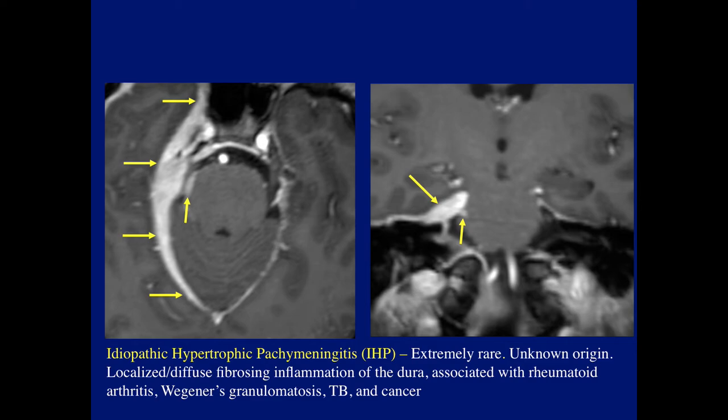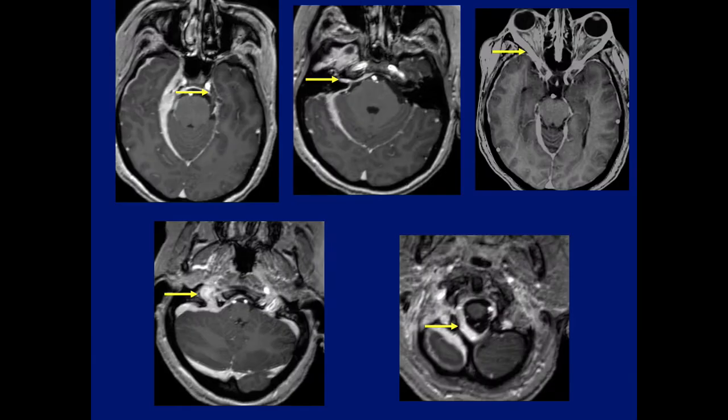And this patient unfortunately presented with a large number of cranial nerve abnormalities and other symptoms. And I just selected a few of the images. You can see again this involvement of the dura and the tentorium, involvement of the IAC. The patient had 7th and 8th nerve symptoms.